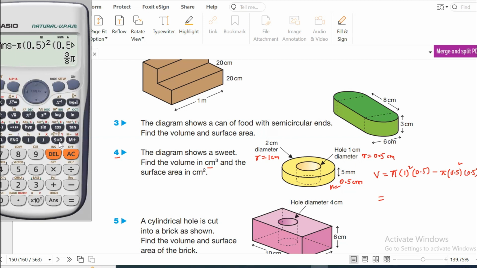That gives us 1.17 or 1.18. We can say that this is our required answer: 1.18 to 3 significant figures, and it is centimeter cubed. I hope it is clear.